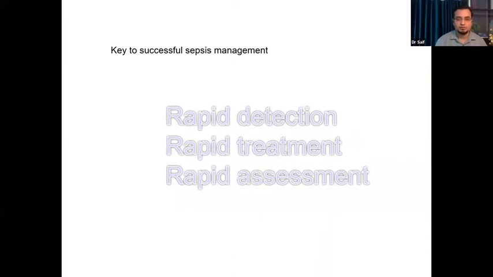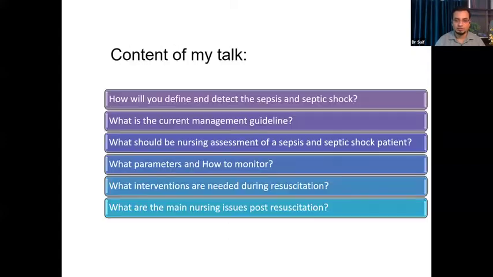So the key to successful sepsis management is rapid detection, that is early detection as soon as possible, and to start the treatment. And following the treatment, we have to continuously assess the patient for progression or deterioration.